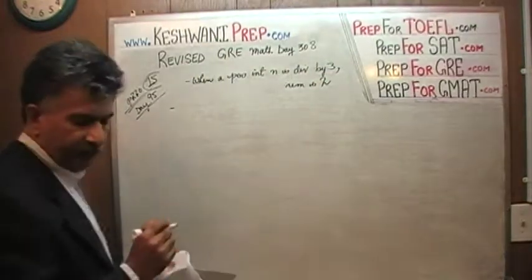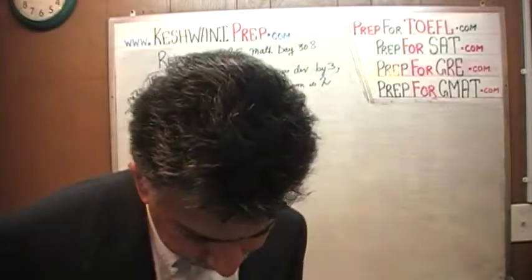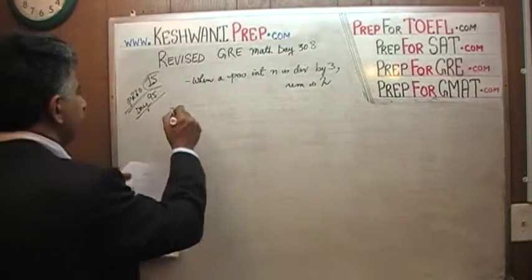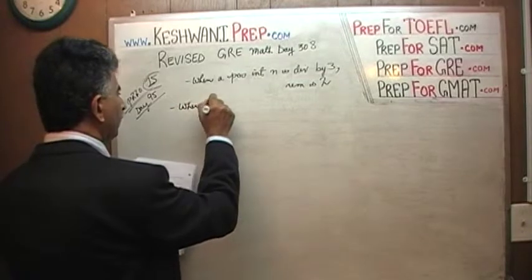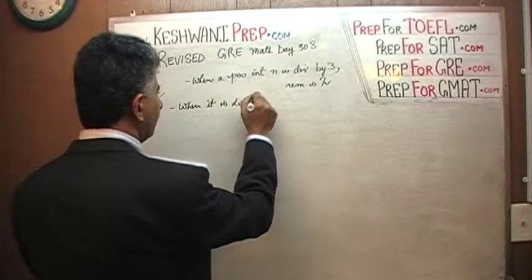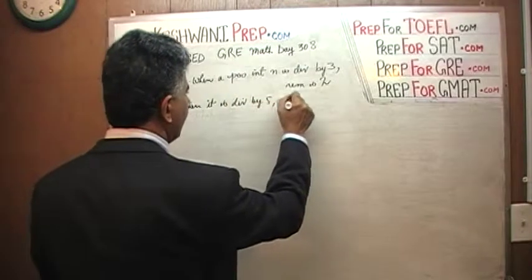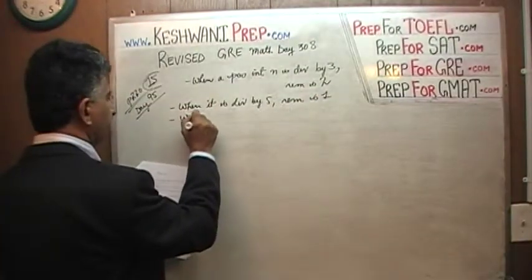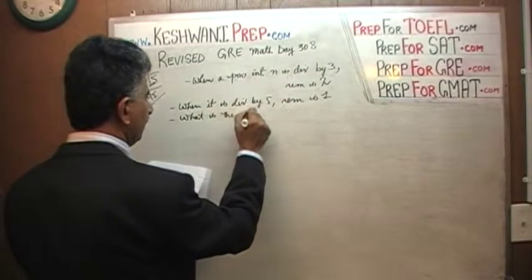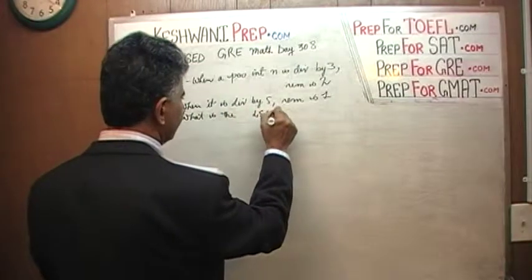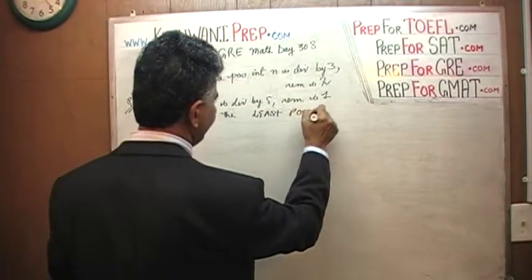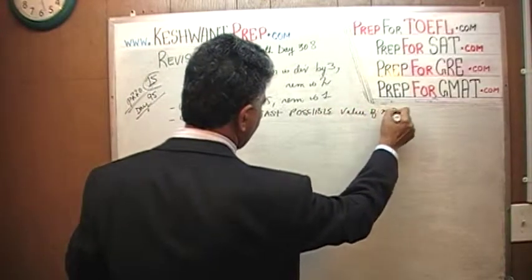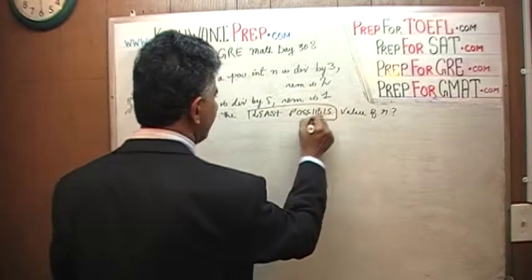They go on to tell us that when n is divided by 5, the remainder is 1. The question simply is, what is the least possible value of n? That's the key part, least possible value of n.